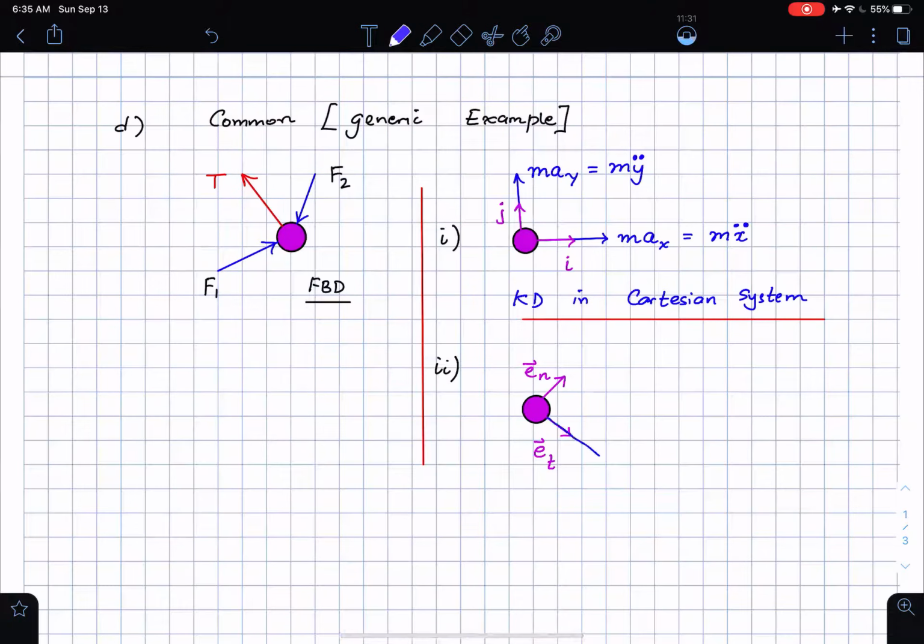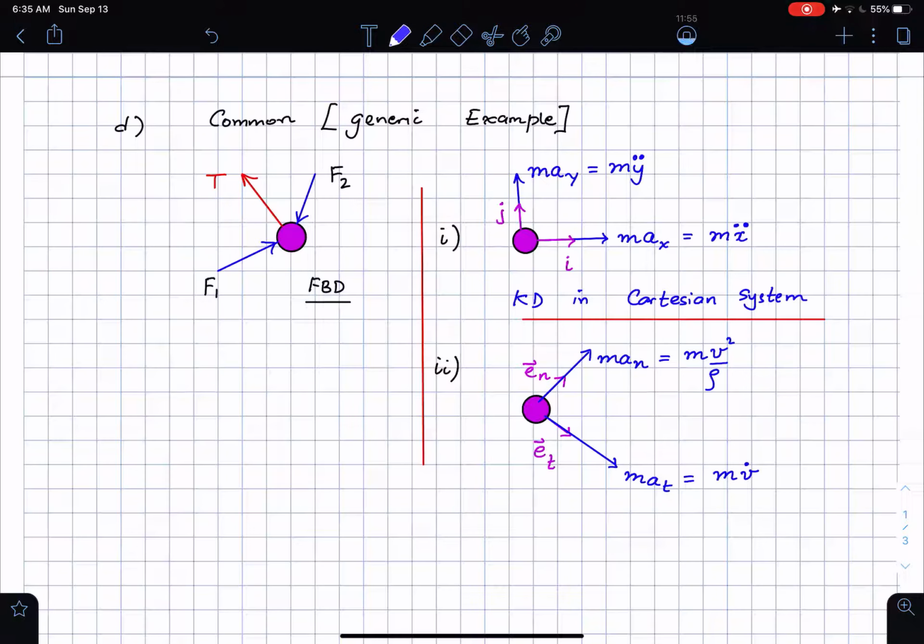I have to draw a mass times acceleration. So this is going to be mass times acceleration in the tangential direction, and likewise I'm going to have a mass times acceleration in the normal direction. Typically the normal acceleration we know is v squared divided by rho, and the tangential acceleration we know is v dot, so m times v dot.